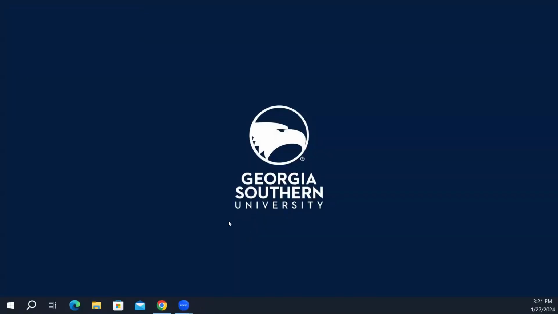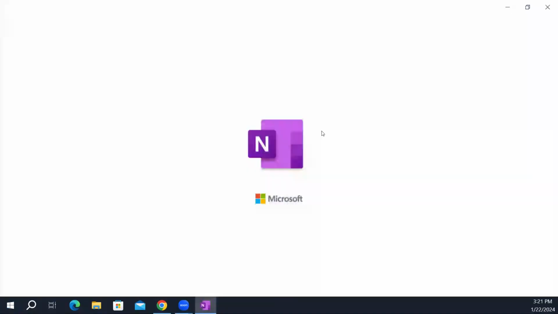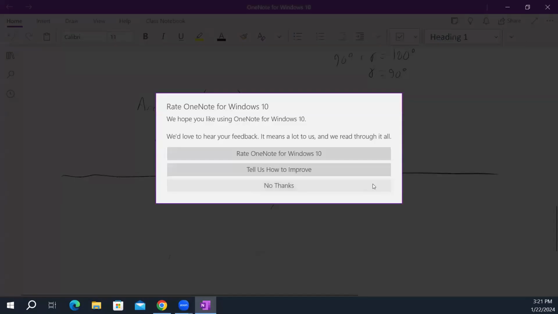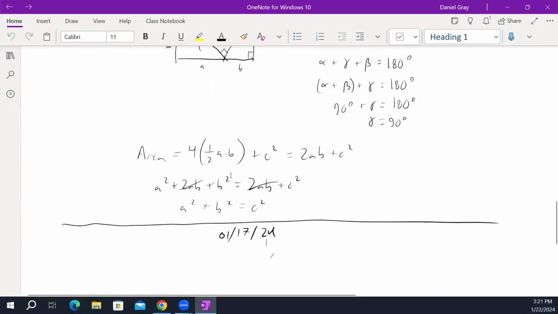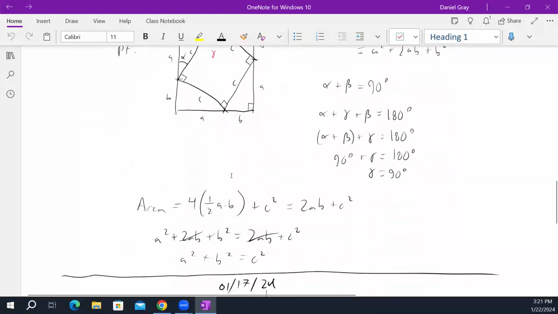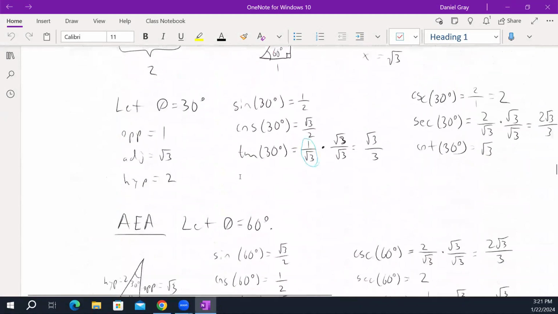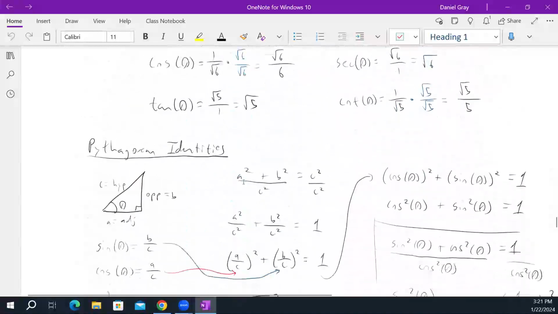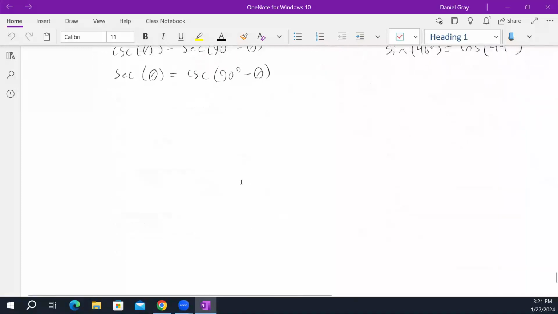Then we need to find out what angle needs to go in here. I hate OneNote. Why do I use it? No thanks. Let's see. Yeah, that's a lot of stuff. Let's go. Okay. All right.